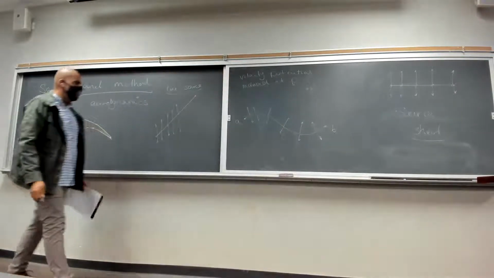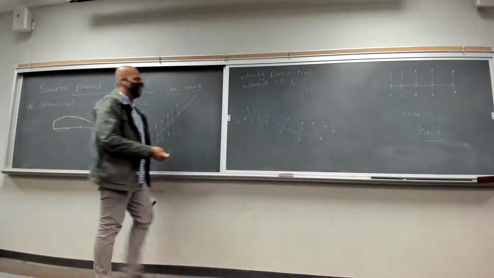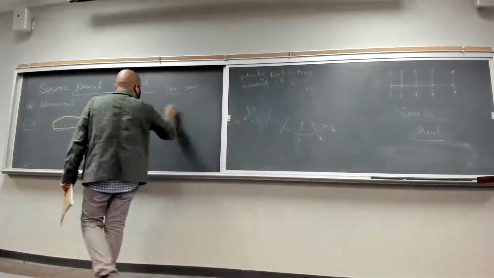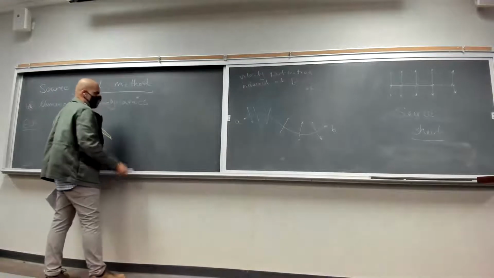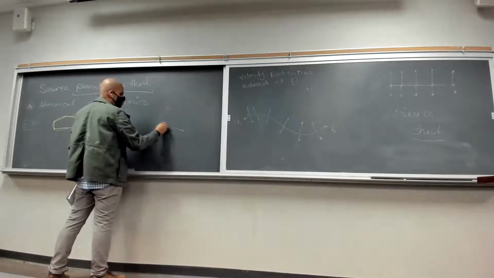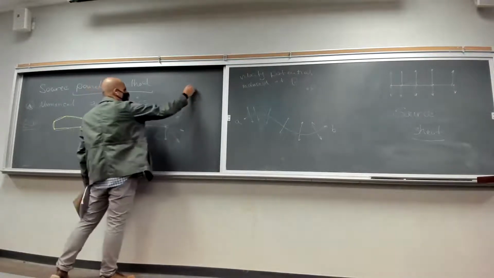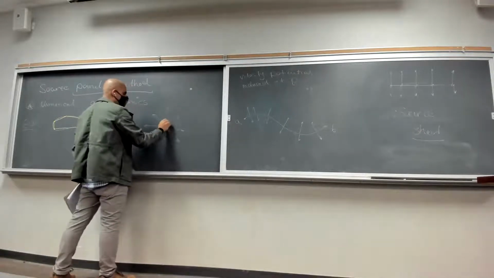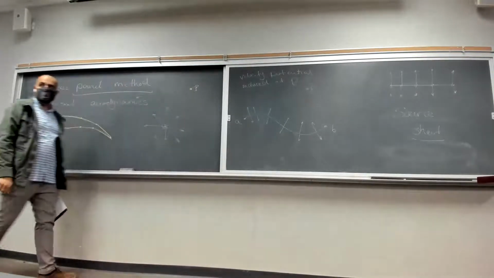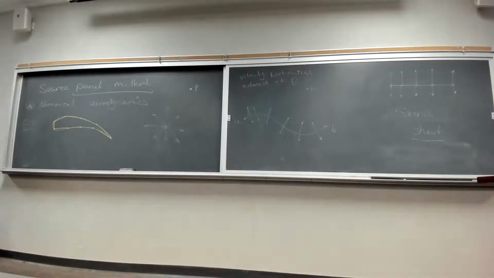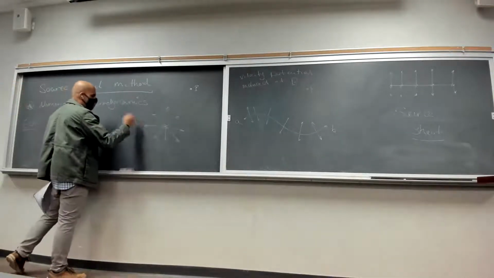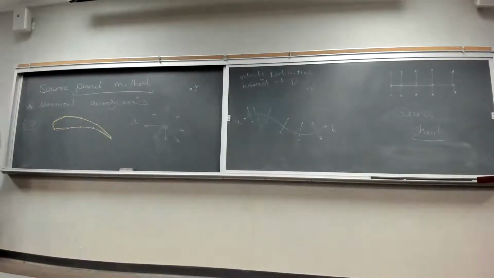To understand what this means better, let's go back to a regular point source with a strength lambda. What is the velocity potential induced by this source at this point P? Go back to your notes.